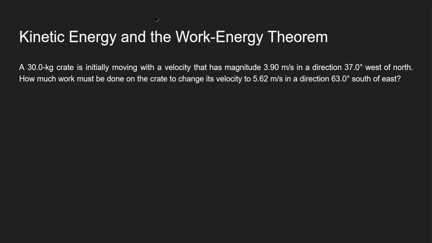So let's identify this. Again, the work energy theorem is just the total work equals your change in K, in this case the kinetic energy of your crate. Simplifying, that is just K2 minus K1.